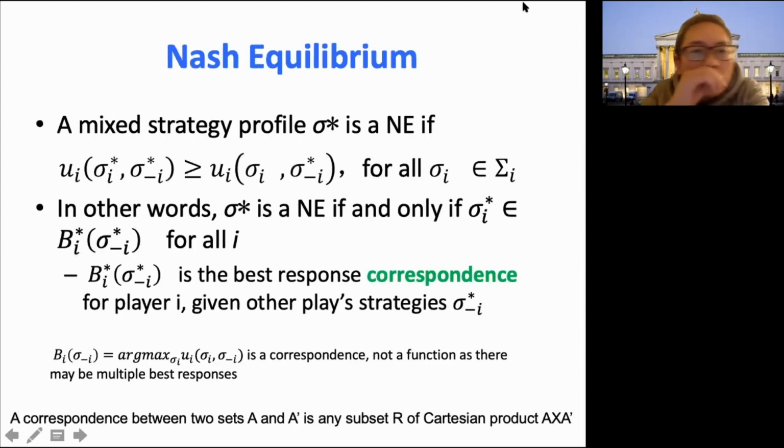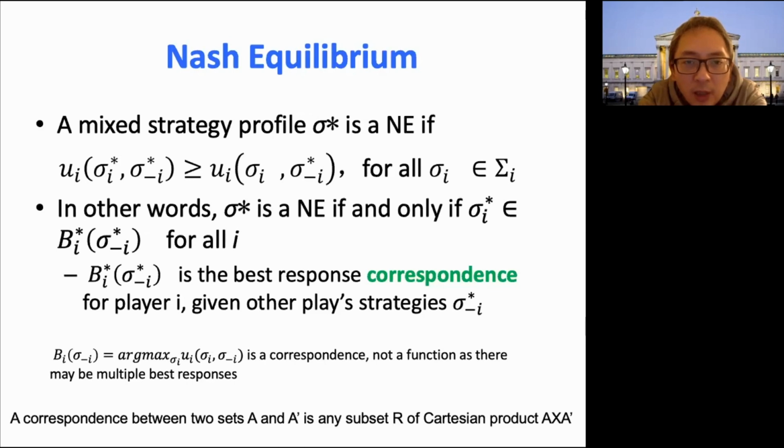Okay. So then we can use this to redefine Nash equilibrium as the case where sigma star is a Nash equilibrium if, in sigma star, the utility would be higher than any alternative choice, if these other players play their mixed strategy in the Nash equilibrium.